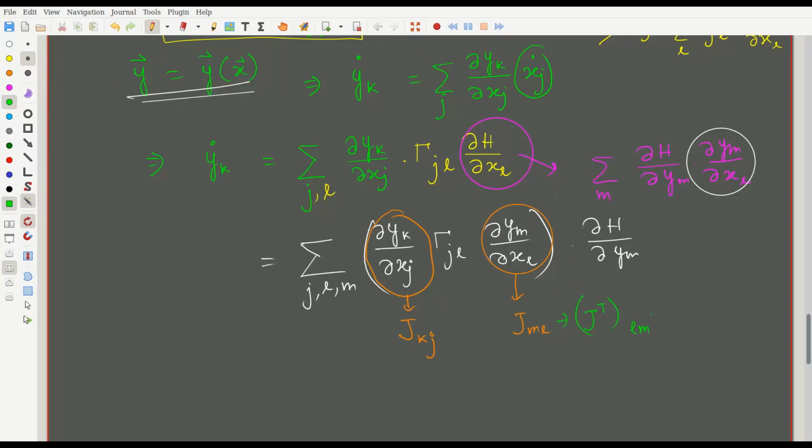So notice what is happening here. This is summation over j, Jkj gamma jl, then summation over l also, then J transpose lm.